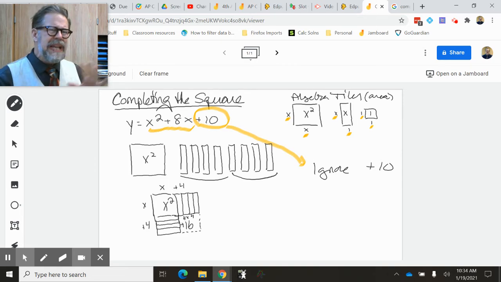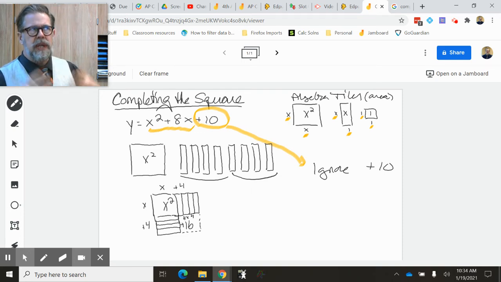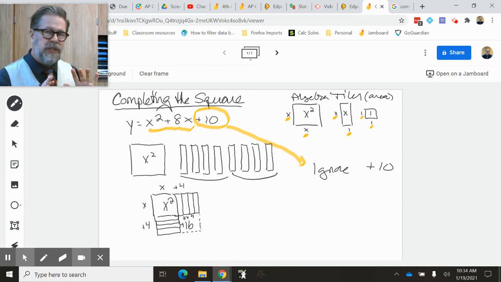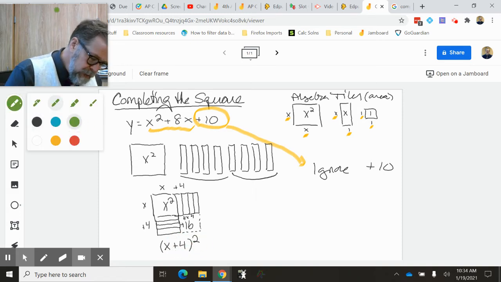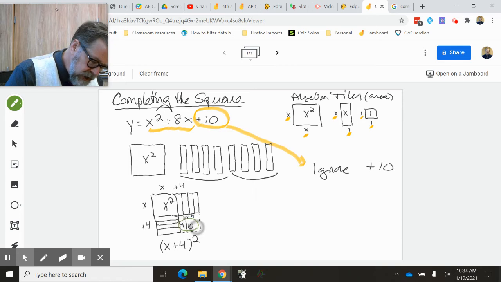Here's what I don't like about that. That's fine until you have negatives or fractions, and it gets really complicated. So I like to just say, let's pretend I don't have any unit tiles. And so in order to make this an x plus 4 square, I had to add 16 tiles.